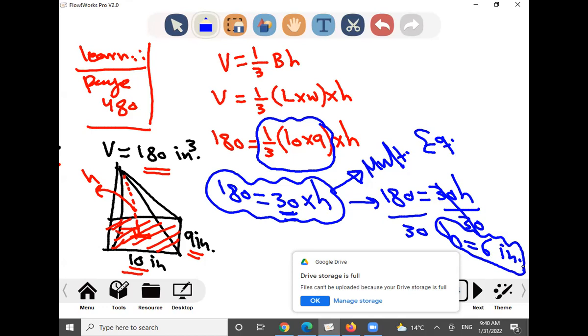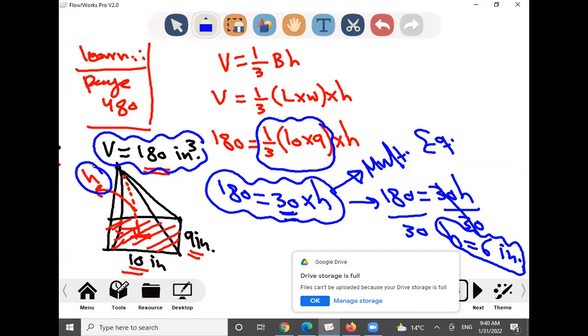But here they gave me the volume. The volume is given. And they gave me some of the dimensions, not all, and they wanted me to find either height or length or width, whatever. Do you understand that? Are you sure? Now, let's go to example 4.